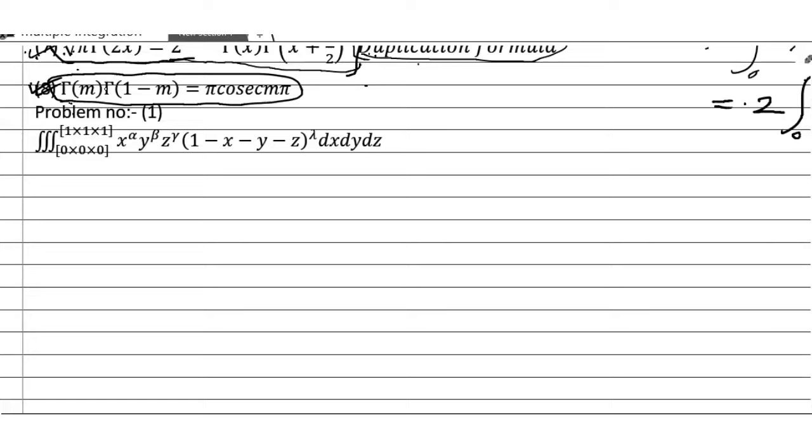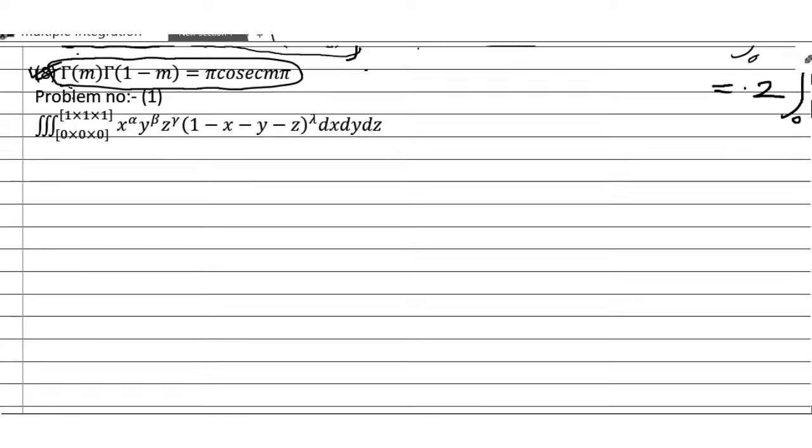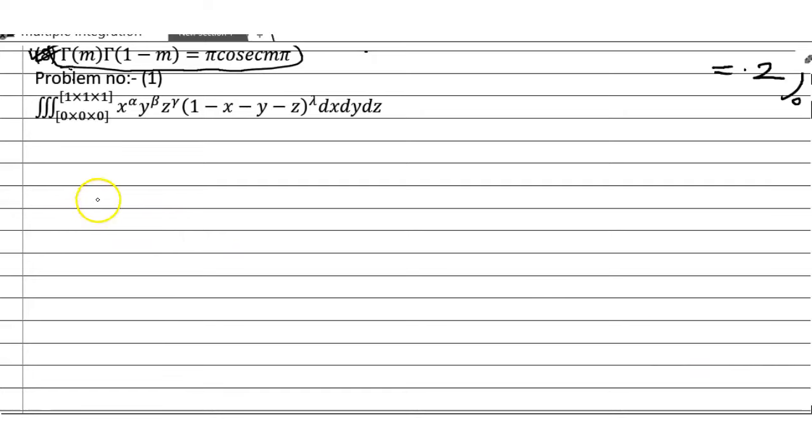First problem is the triple integral of x to the power alpha, y to the power beta and z to the power gamma, times 1 minus x minus y minus z to the power lambda, dx dy dz. So friends, this is the must remember, that is x, y, z and x plus y plus z equals 1.